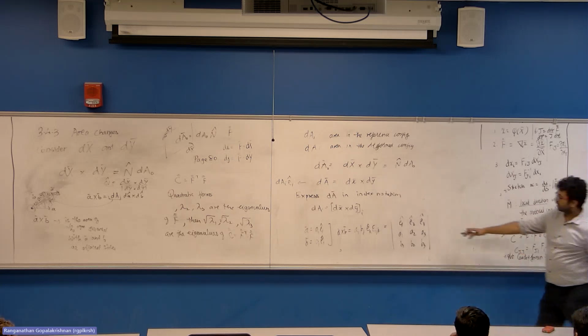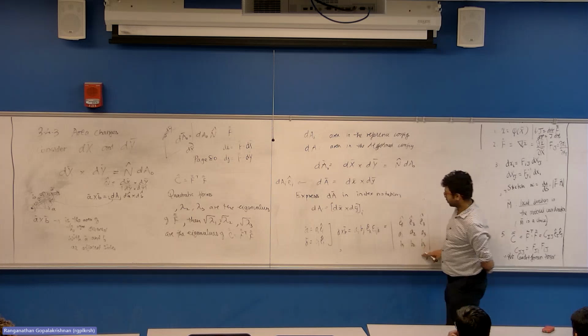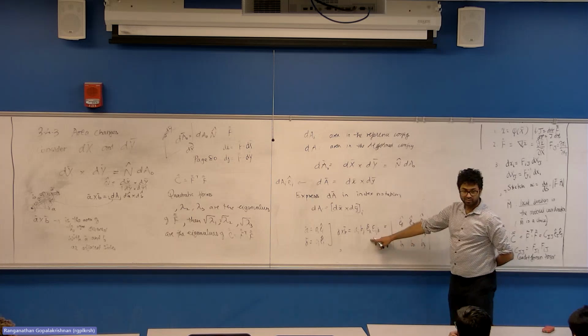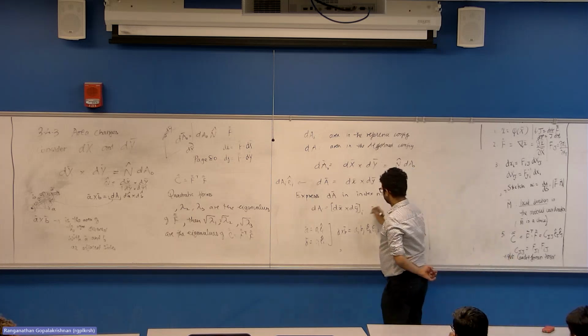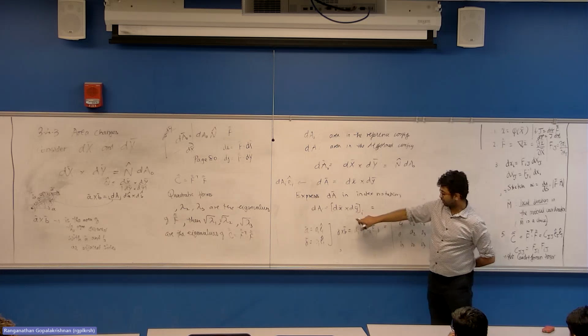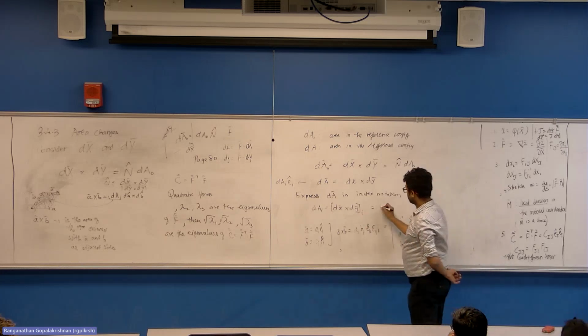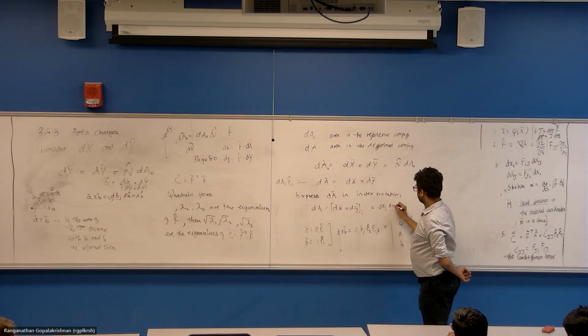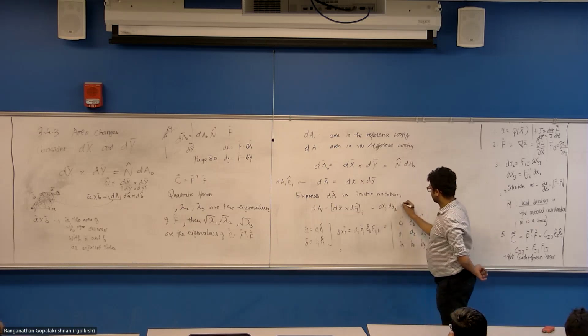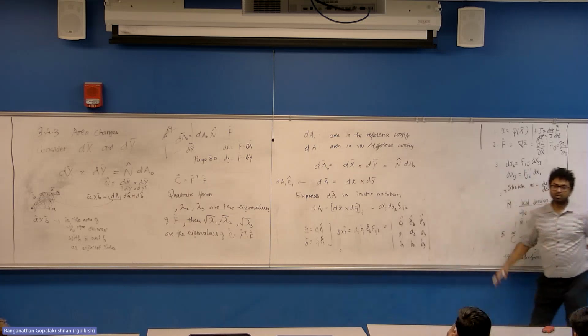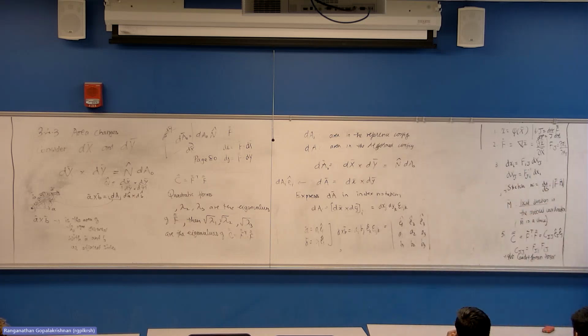This is the expression for the cross product in determinant form and index form. So the ith component of the cross product must be dx_j dy_k epsilon_ijk. Look at it and tell me if that makes sense to you.